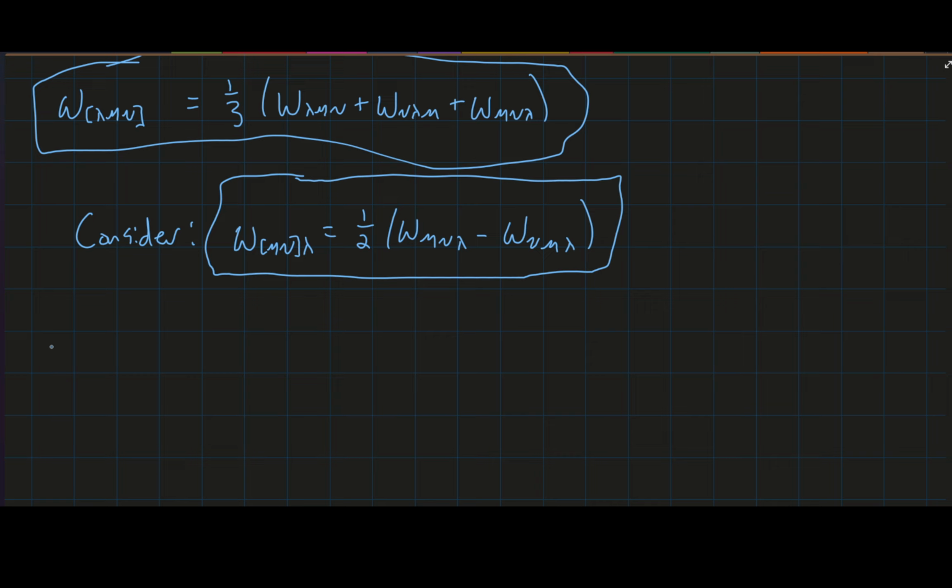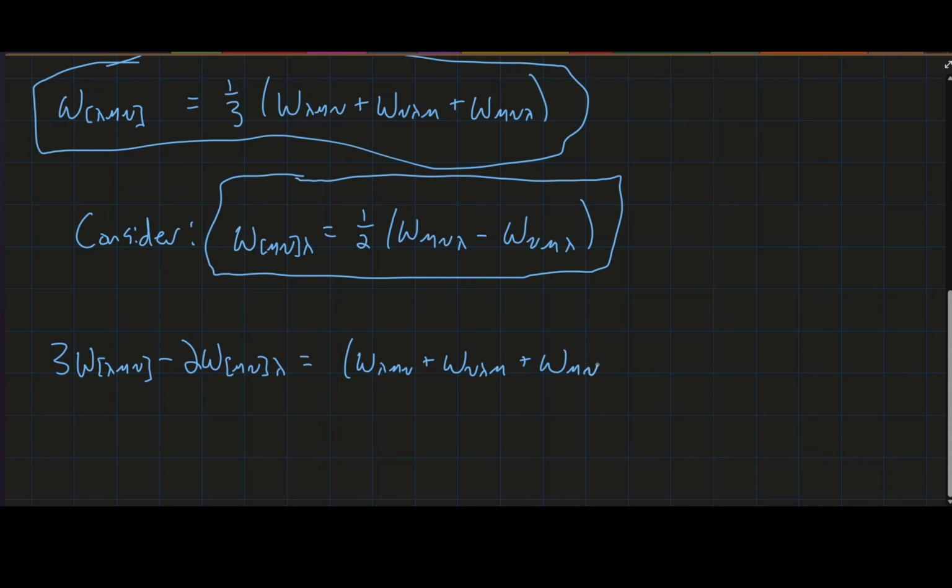So 3 omega lambda mu nu minus 2 omega mu nu lambda: the 1/3 goes away, and we get omega lambda mu nu plus omega nu lambda mu plus omega mu nu lambda, minus, and again the 1/2 goes away because of the 2, omega mu nu lambda minus omega nu mu lambda.